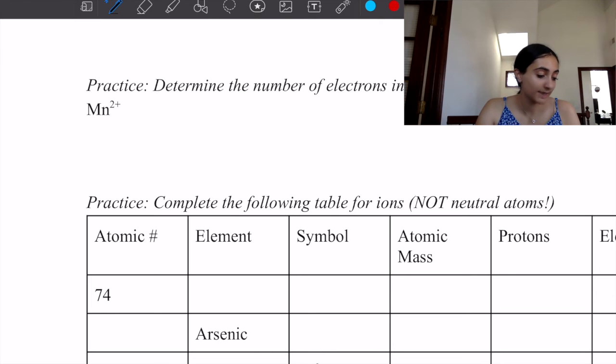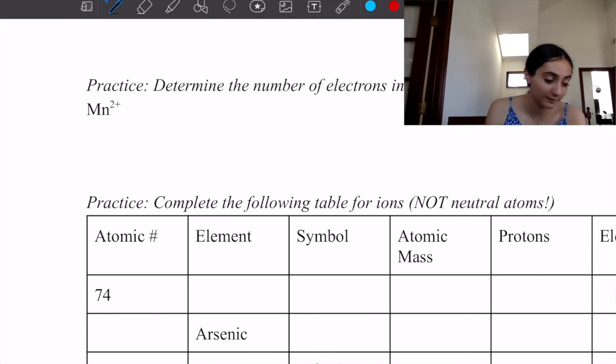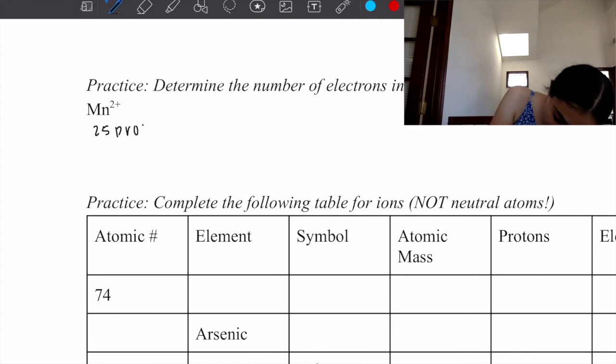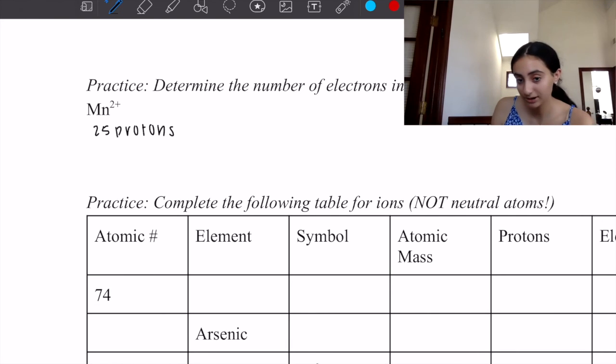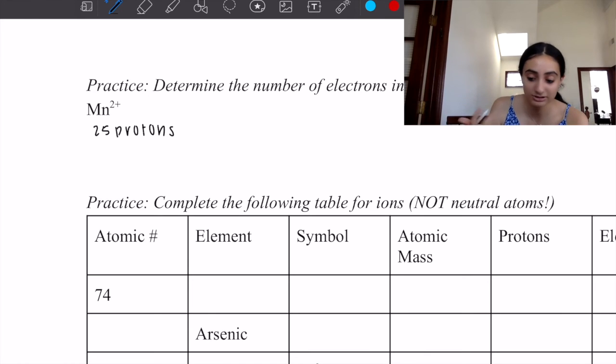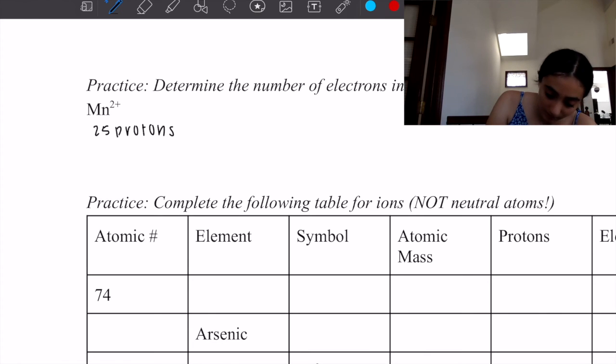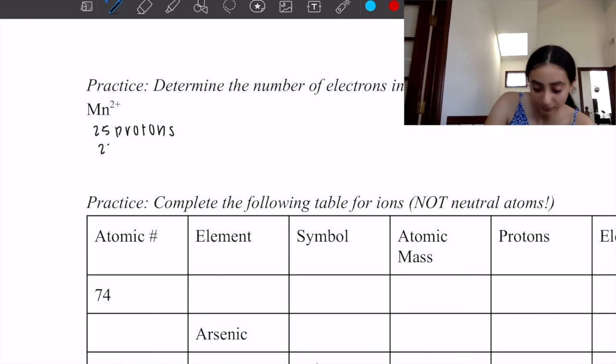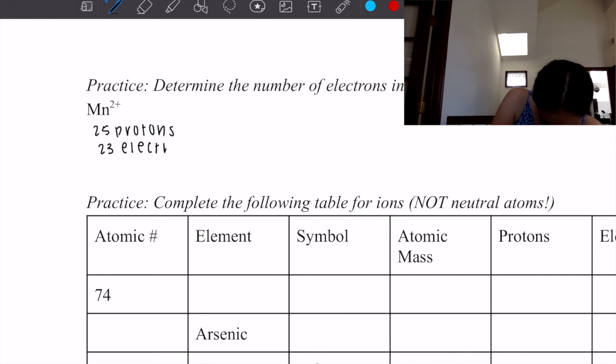Okay, so manganese has 25 protons. It is number 25. And it has a 2 plus charge, which means that there are 2 more protons than electrons. So if you just subtract 2 from the amount of protons, you get 23 electrons.